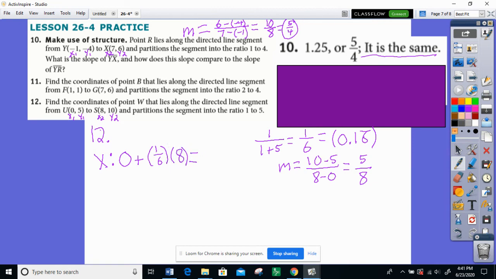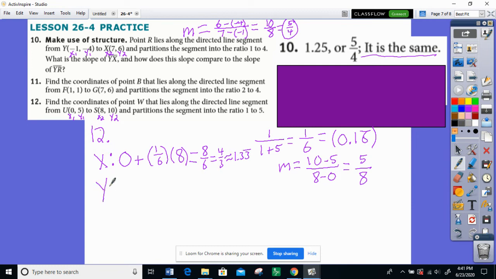Okay, well, it's nice and easy that we have a 0 here. 1/6 of 8 is 8 over 6, which you can reduce to 4/3, which as a decimal you can write as 1.3 repeating. So that's the x value for point W.